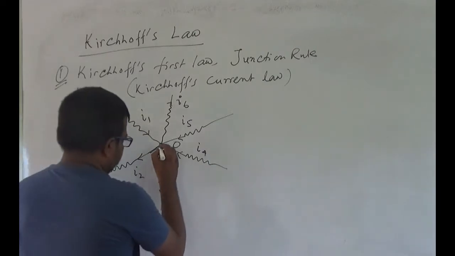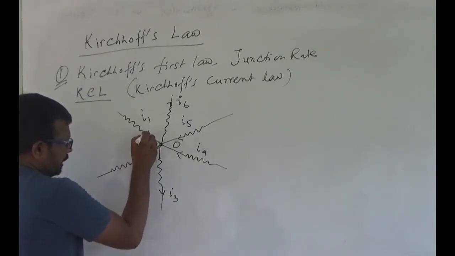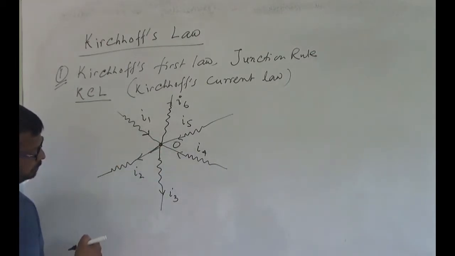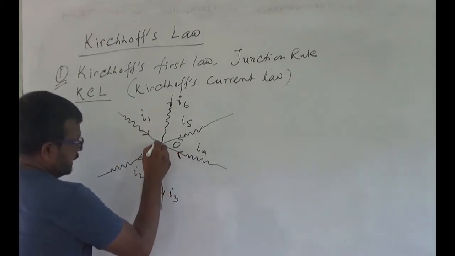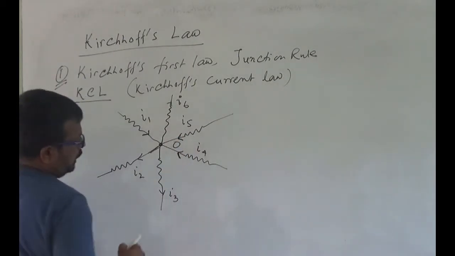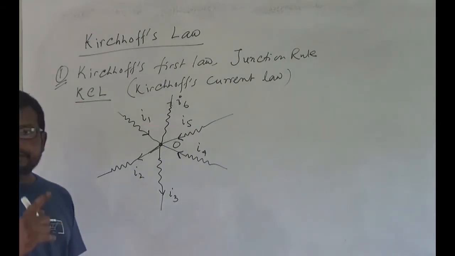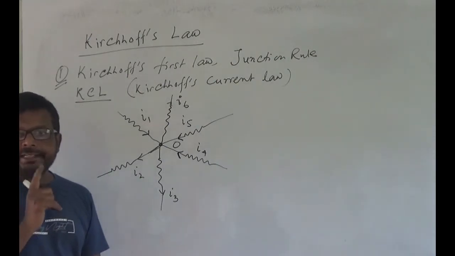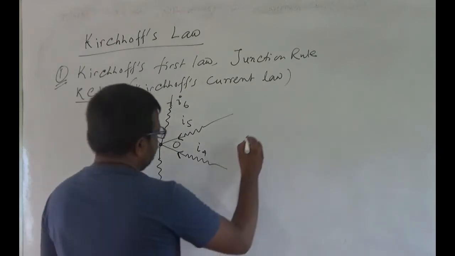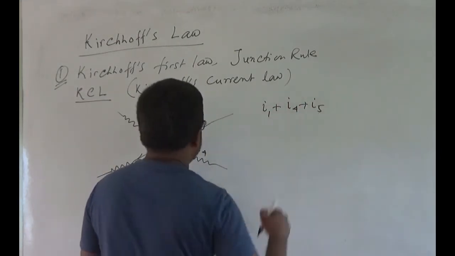Now see here, at this point, current I1 is entering the junction, current I4 also entering the junction, and current I5 is also entering the junction. The sum of the currents entering the junction is I1 plus I4 plus I5.